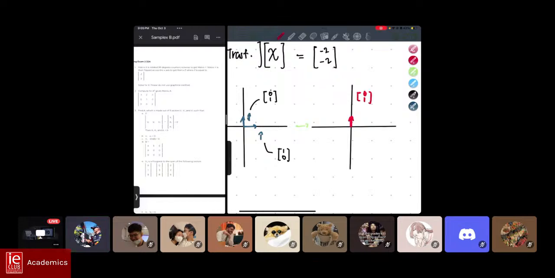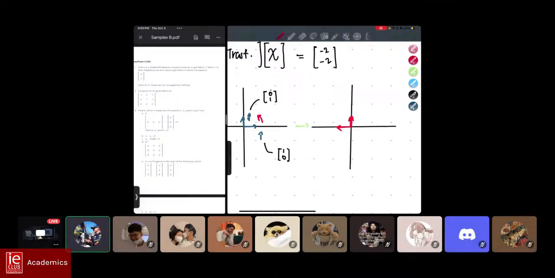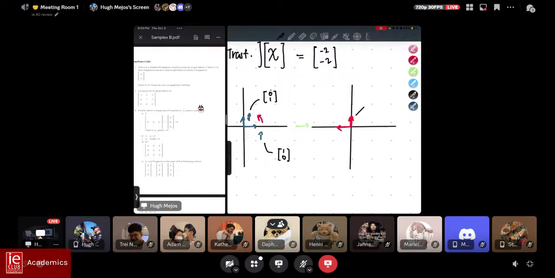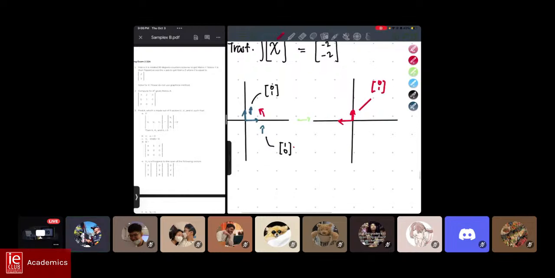The I hat goes from 1, 0 to 0, 1, because we rotated it, and the J hat goes from 0, 1 to negative 1, 0.